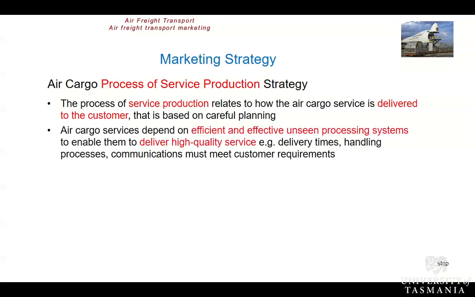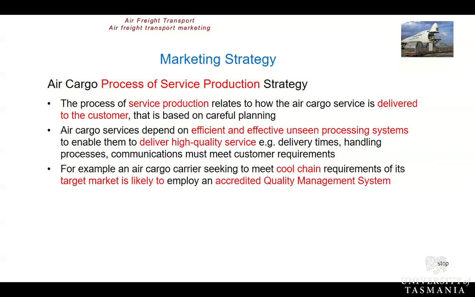And it requires careful planning. Now, for your service to be successful, it requires efficient and effective unseen systems in place to deliver this high quality service. So you've got to meet the delivery time, you've got your handling processes, all communications need to be undertaken in the right manner. So these are back-end elements to an air cargo business.